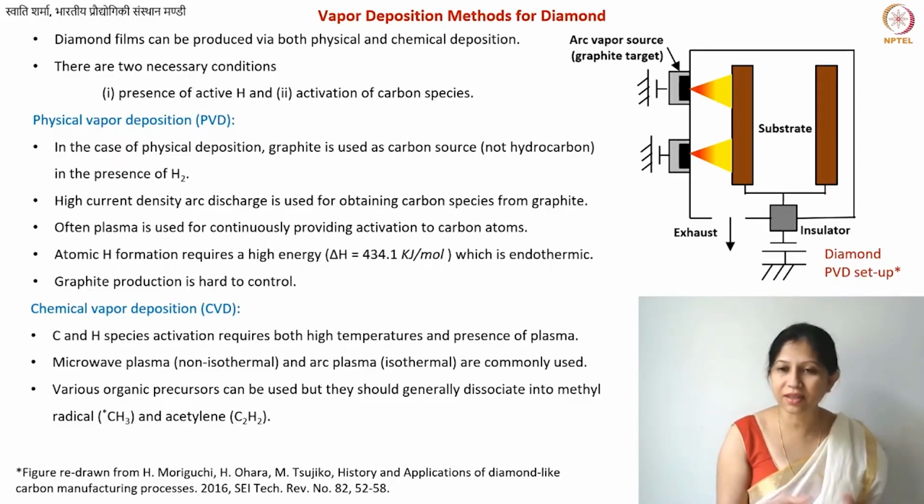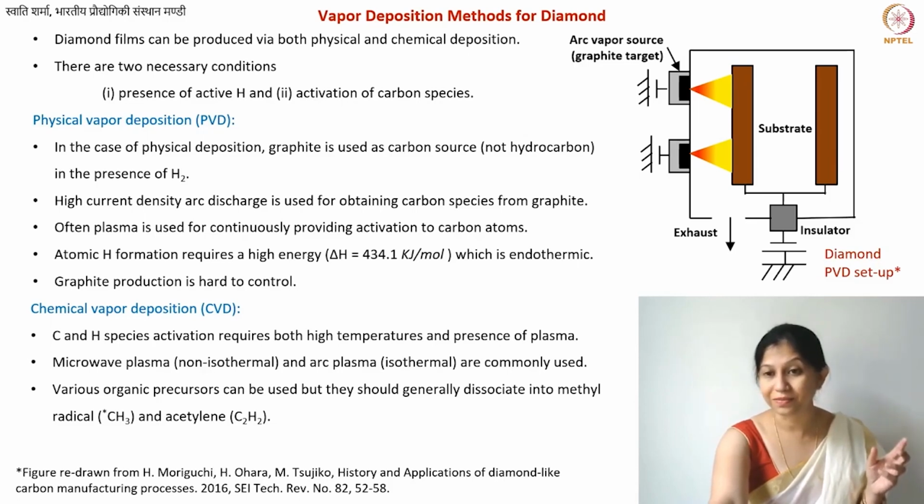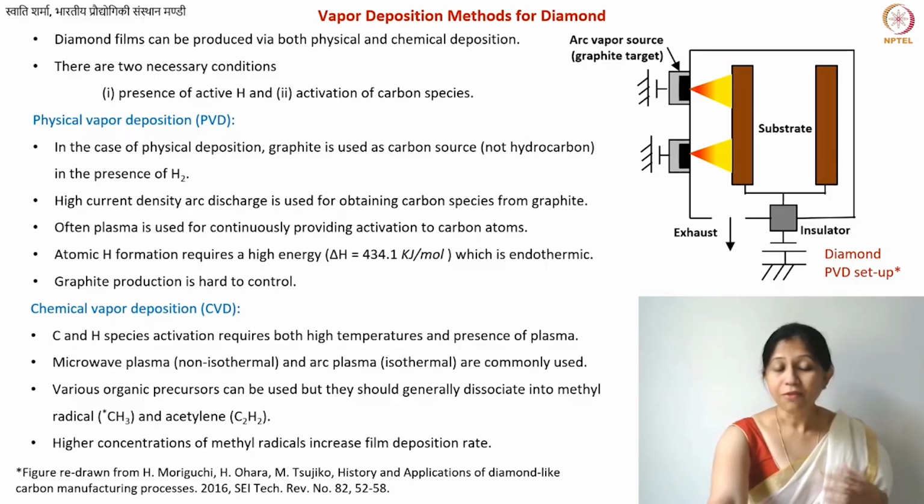So this is one proposed mechanism. However, the idea is that it doesn't matter what your precursor is, as long as you get these methyl radicals. Higher concentrations of methyl radicals, of course, will increase your deposition rate.